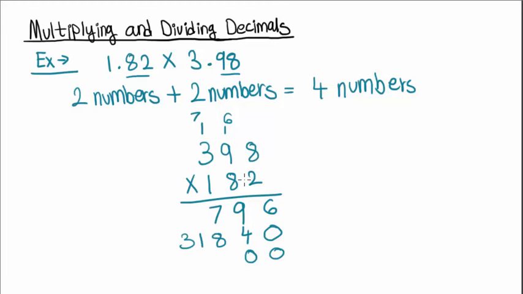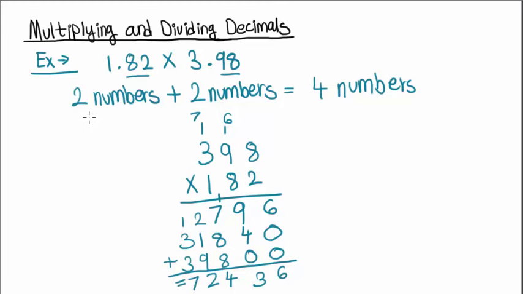And I get 1 times 8, which is 8, 1 times 9, which is 9, and 1 times 3, which is 3. Now I add up all these three terms together to give me a 6 over here, 9 plus 4, which is a 13 here, 7 plus 1, which is 8, plus 8, which is 16, plus 8, which is 24, 2 plus 1, which is 3, 3 plus 9, which is 12, and 3 plus 1, which is 4, plus 3, which is 7.